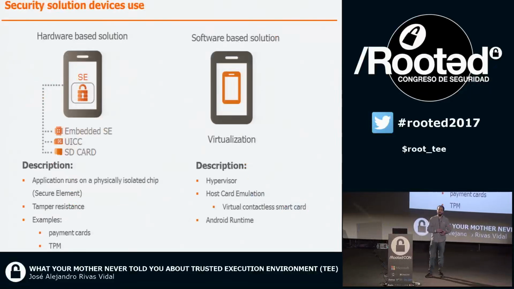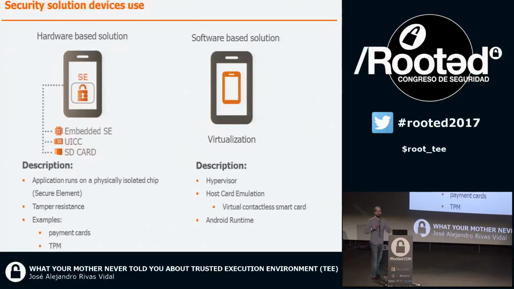So I'd like to start by explaining why TEE appears. Probably many of you might know what a secure element is, but for everybody else, a secure element is a highly protected chip on which we execute an OS and to which we delegate cryptographic operations, and they may also be used for storing important assets in the system.